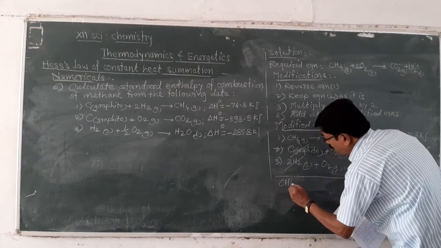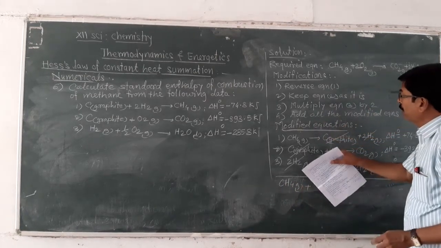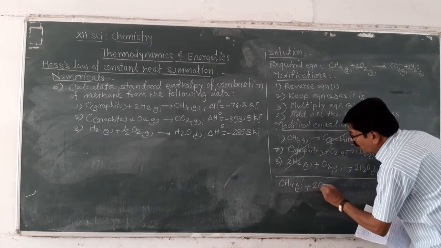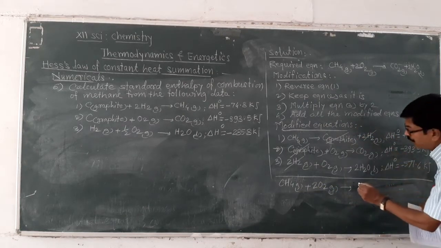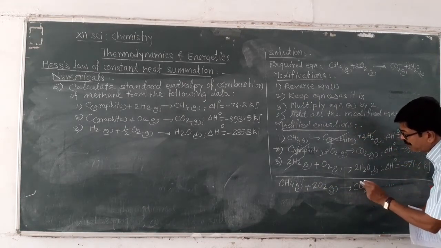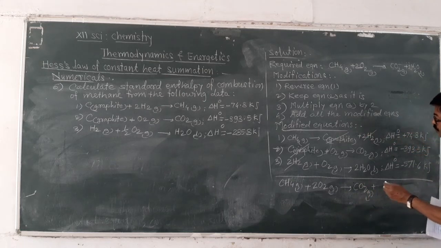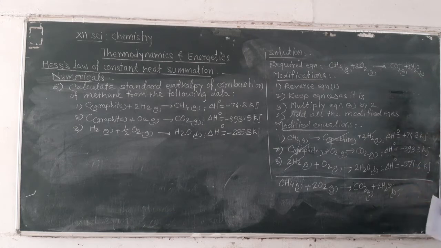CH4 gas plus here O2 plus O2, it becomes 2O2. And on the product side, what is left? CO2 gas plus 2H2O liquid. CO2 gas plus 2H2O. We get the required equation.